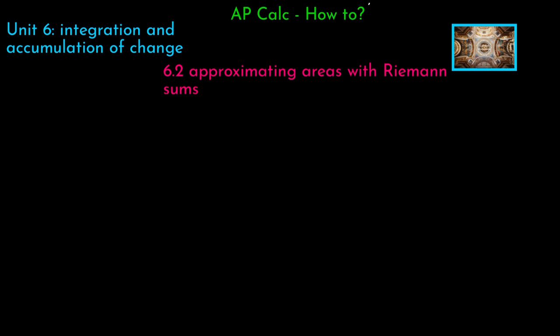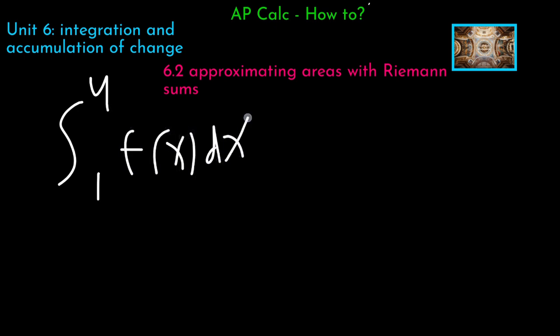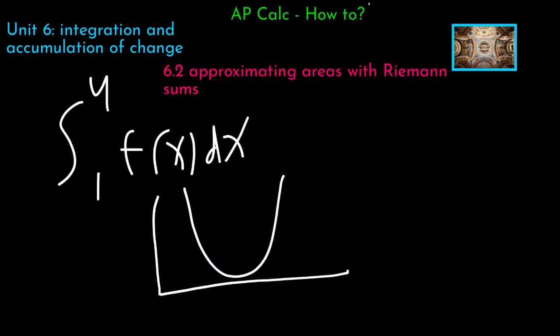Let's go ahead and do it. Estimate the integral from 1 to 4 of f of x dx using a left Riemann sum with 3 subintervals. Let's say f of x equals x squared. So it's going to be something like this.